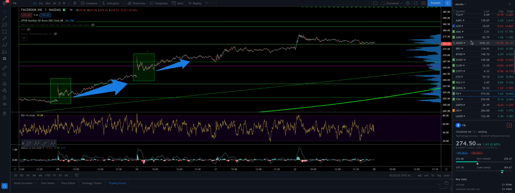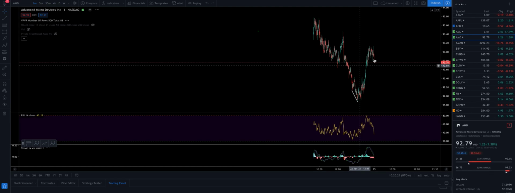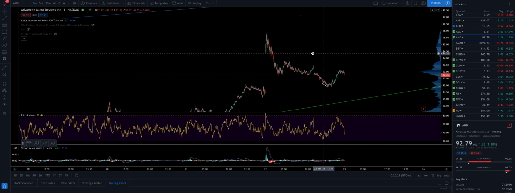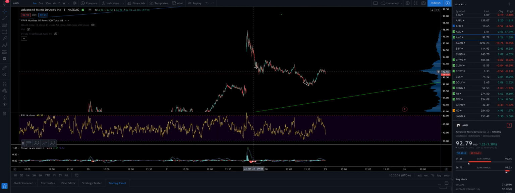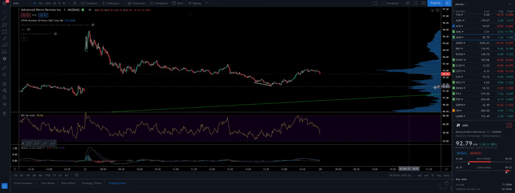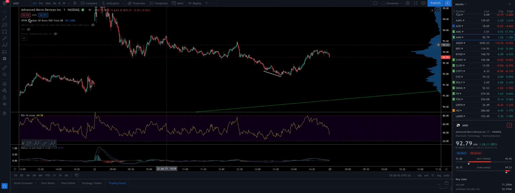Pretty common pattern. I saw this in SPY the other day as well. Anyway, I was thinking that AMD would do the same thing, but it did not, unfortunately. The trade gapped up, came down, double bottomed, looked like it was going to trend up the rest of the day, but it didn't. It came back down and made another low. But when it made the last lows here, you can see on our RSI, this was the first time we had a major RSI divergence.